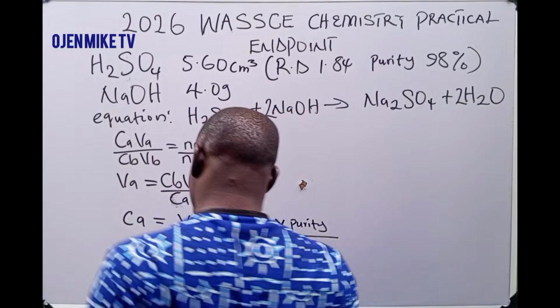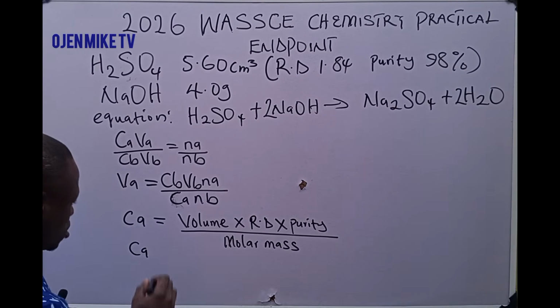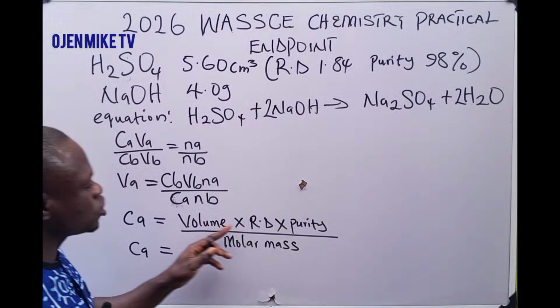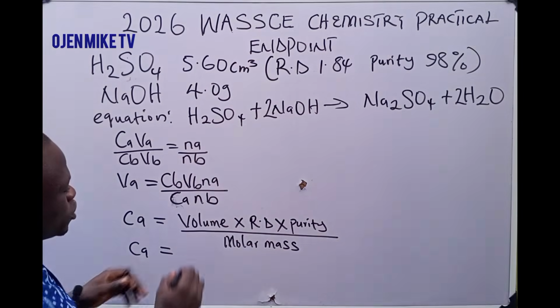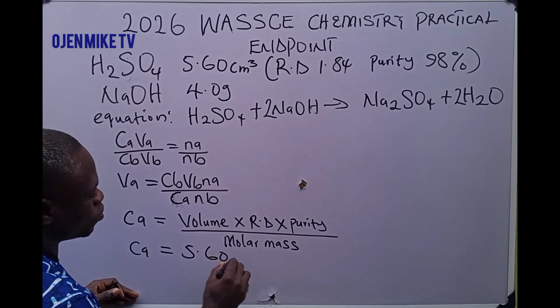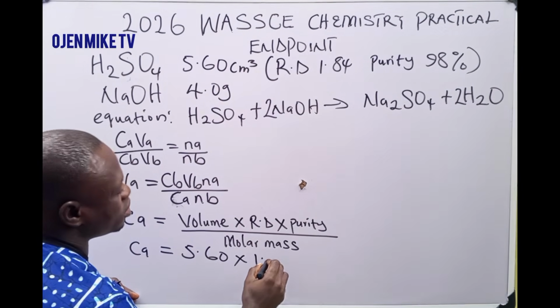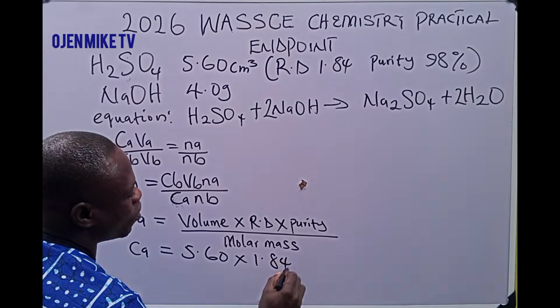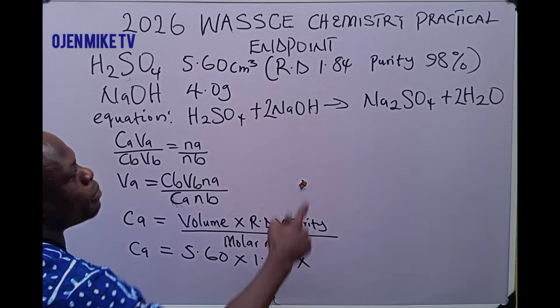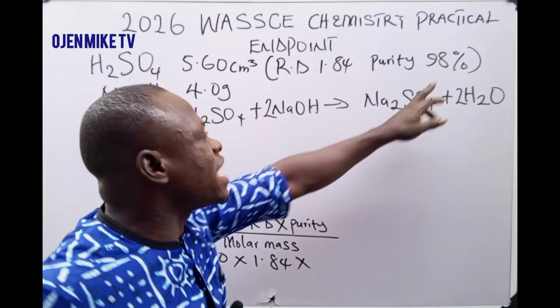Now let's go. We have concentration of acid. What is your volume? Volume is 5.60, multiplied by your relative density, 1.84, multiplied by your purity. Purity is 98%.